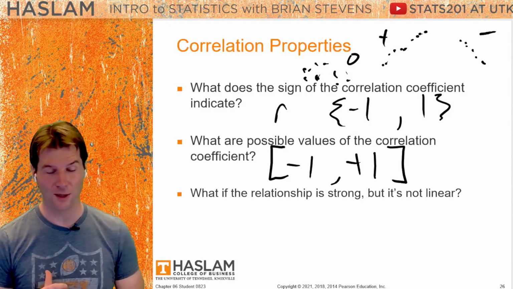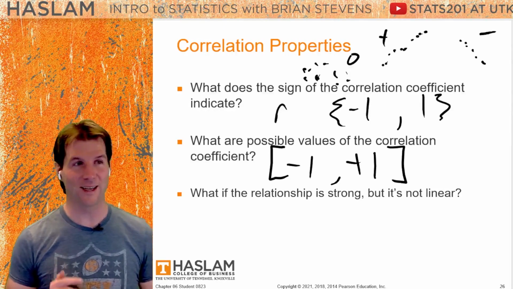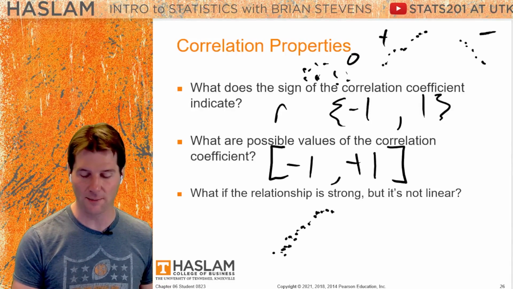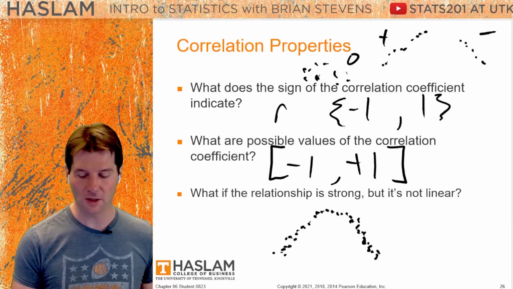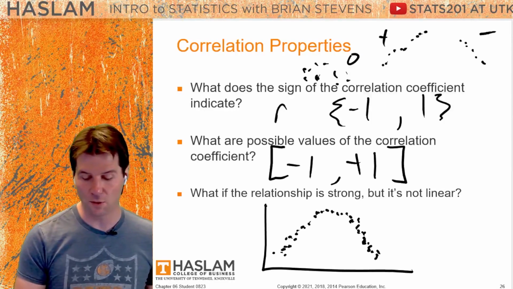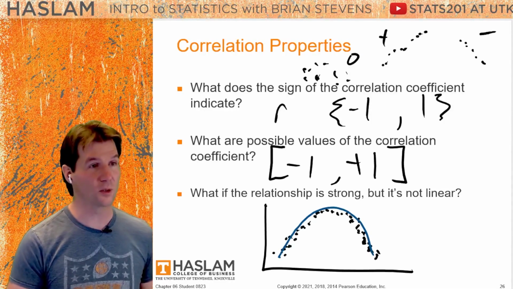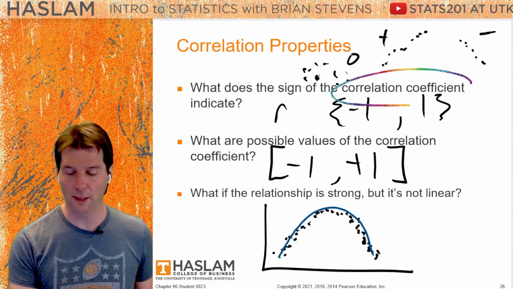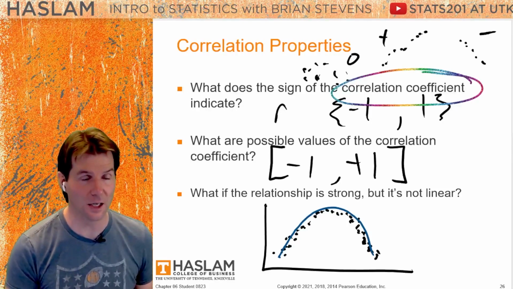What if a relationship is strong, but it's not linear? The best example of this, and we put this on the test all the time, is a parabola. Is this strong, yes or no? Yes. Because if you draw a parabola, the points are tight around it. But when we measure correlation, correlation only measures linear strength.